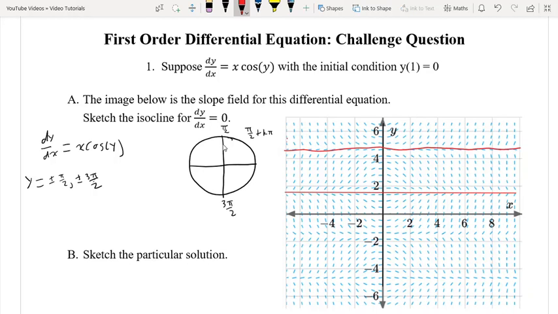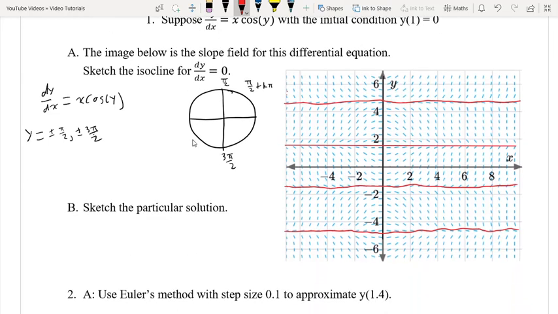Now if we just do the same for the negative version, the first isocline will be at negative pi over 2, which is about here. And we also have another one at negative 3 pi over 2, which is down about here. And so that's all the isoclines for this differential equation on the slope field.